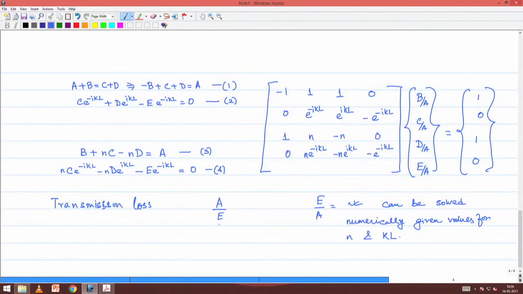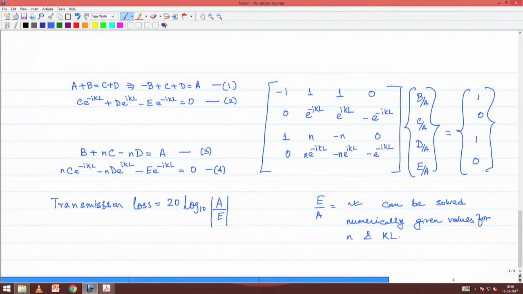What you need is a logarithmic reduction. So, to have this logarithm idea built in, we will not only look for A by E, which in general could be complex. So, we will take the absolute value of this ratio and then take the logarithm of it and then multiply it with 20, and this is called the transmission loss.